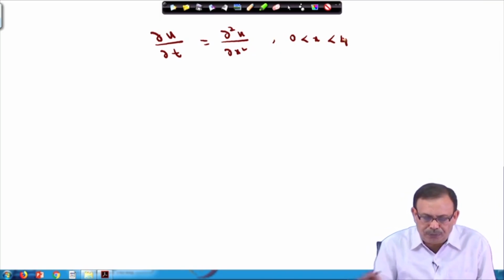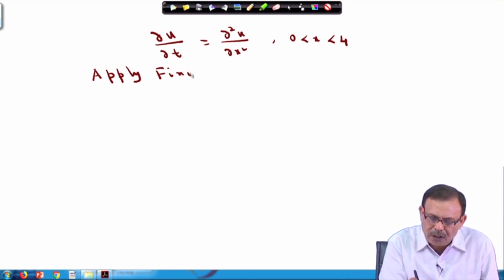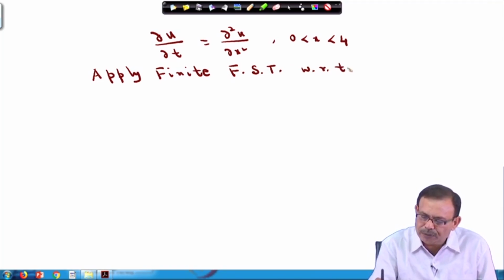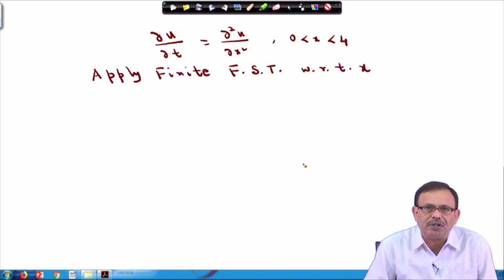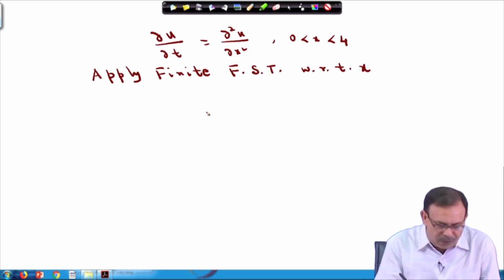What you will do is apply finite Fourier sine transform with respect to x, and this was possible since the values of u(0,t) and u(L,t) are known to me. So, I am applying finite Fourier sine transform with respect to x on both sides of the given differential equation.